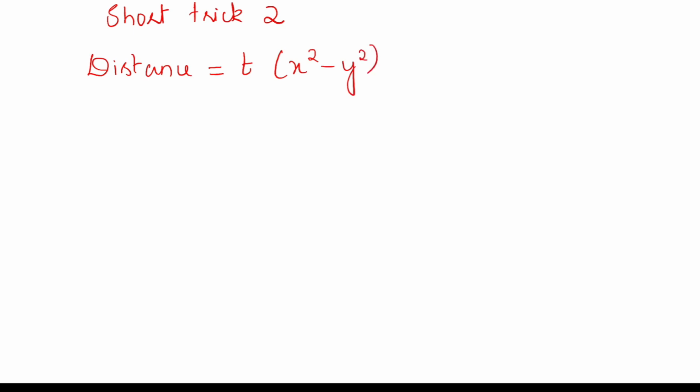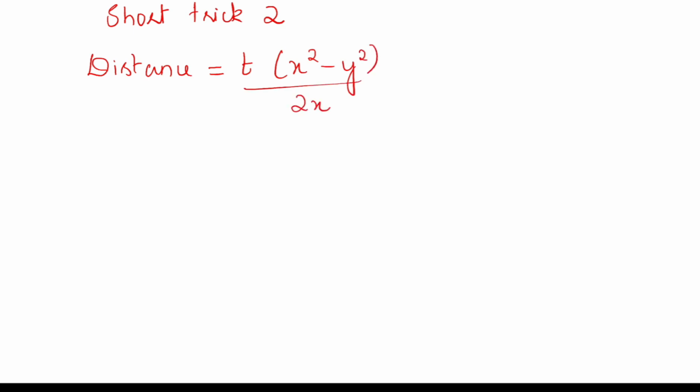So short trick 2 we'll see for the same problem. There is one formula: distance is equal to t into x square minus y square divided by 2x.